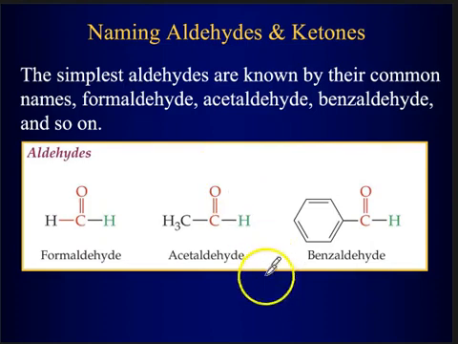The second one here is acetaldehyde. Now you may not have heard of this in person, like you may not be familiar with the name, but it is one of the most common aldehydes in nature. You can find it in coffee, bread, ripe fruit, and it's actually the byproduct of alcohol dehydrogenase, which is how your body gets rid of the alcohol that we drink.